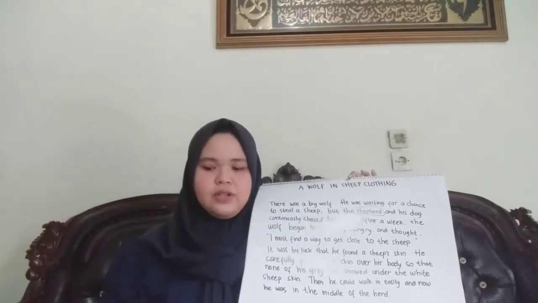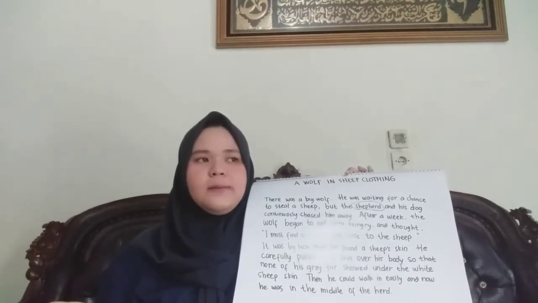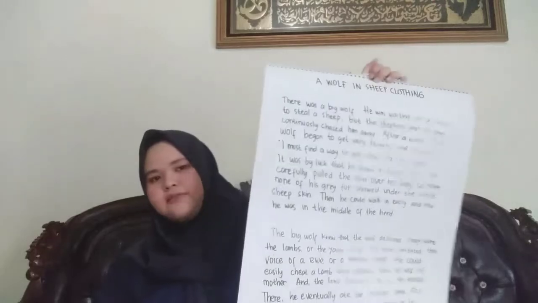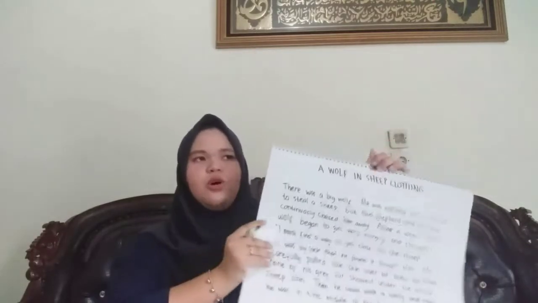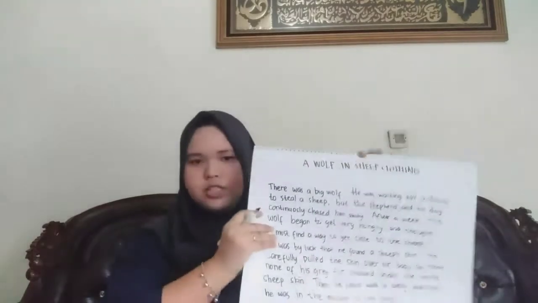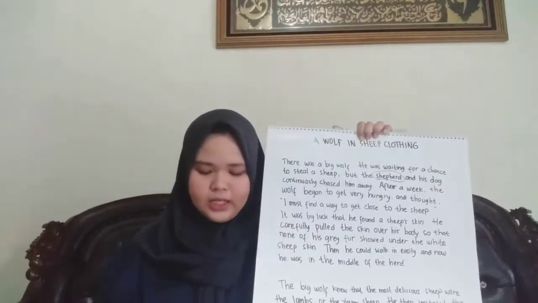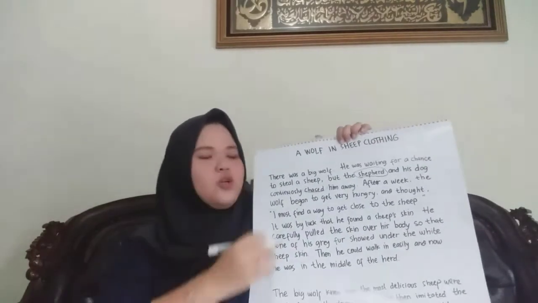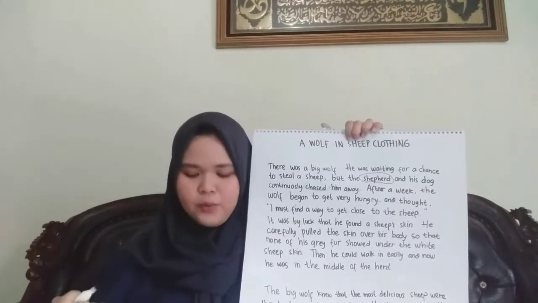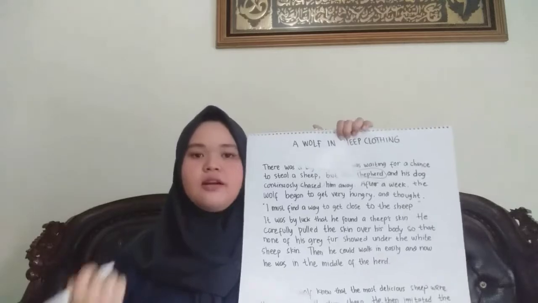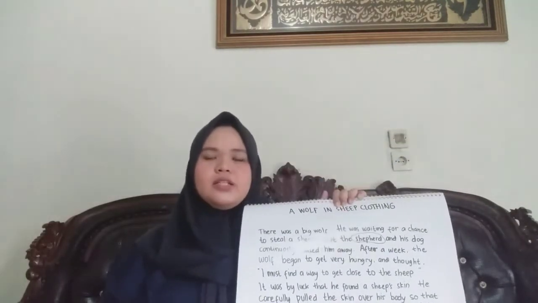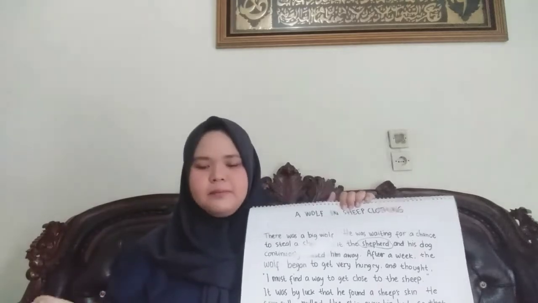But here in general, I want to explain about the structure of narrative text, especially in this fable. So we have the first structure, orientation. Orientation is the opening paragraph, where the characters of the story are introduced, such as the characters, the place, and the time.